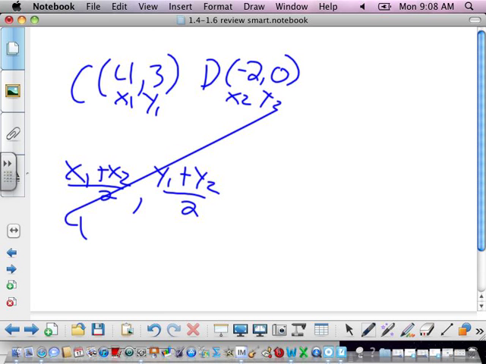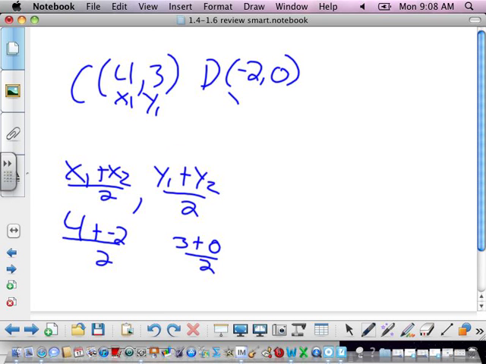So it's 4 plus -2 over 2, and 3 plus 0 over 2. 4 plus -2 is 2. 2 divided by 2 gives us 1. 3 plus 0 is 3. 3 divided by 2 is 1.5. So you should be able to do B.